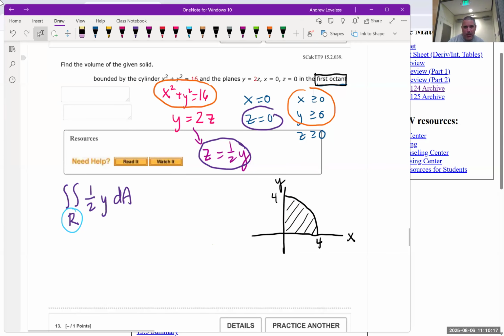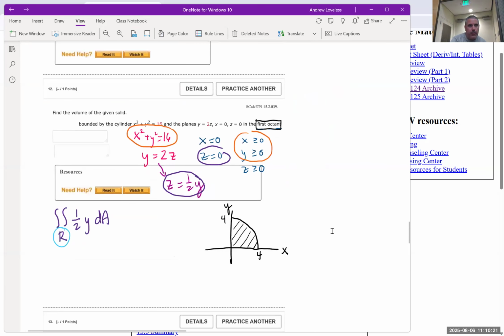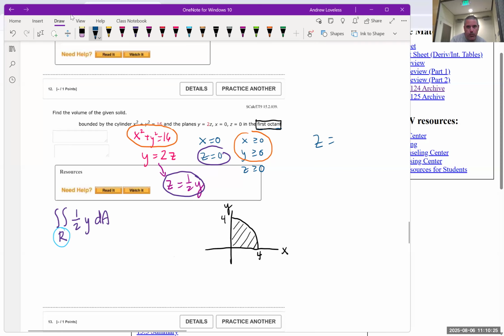And I think I could even draw this if I had to, because anybody know what z equals 1/2 y looks like? You don't need to do this for the problem, but what is z equals 1/2 y? In 2D, it looks like a line, but in 3D, what is it? It's a plane.